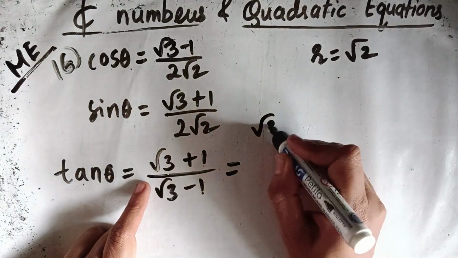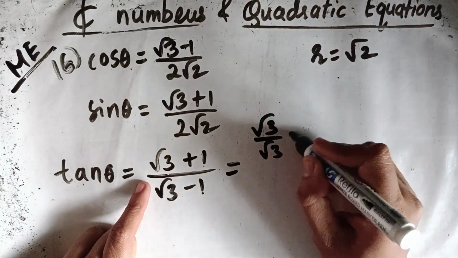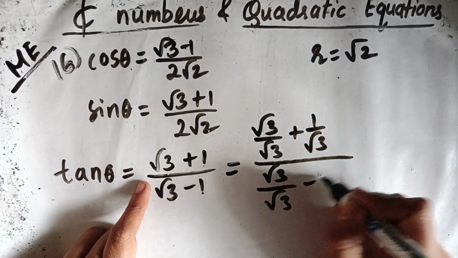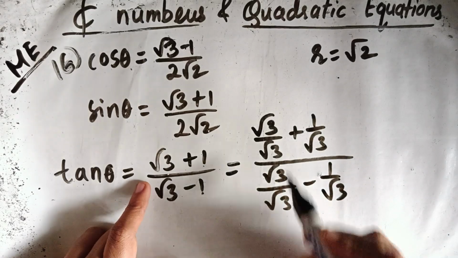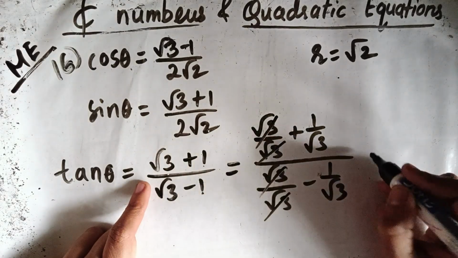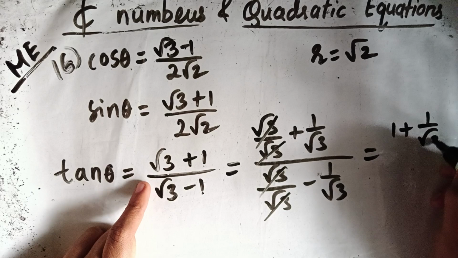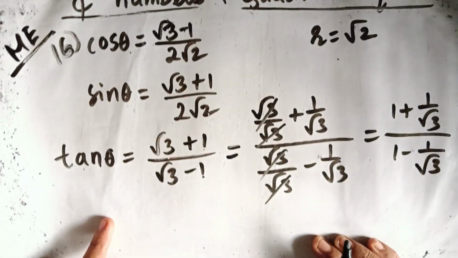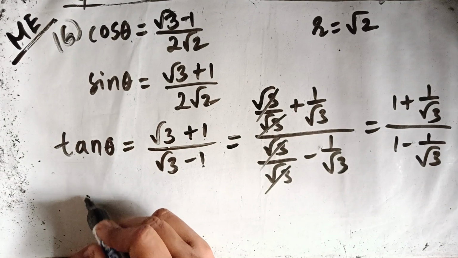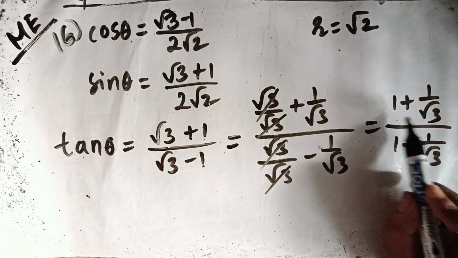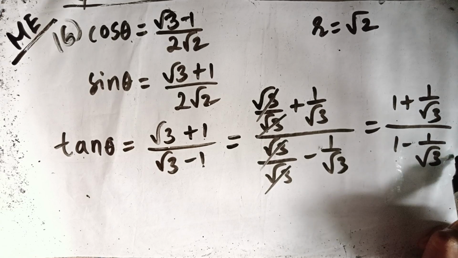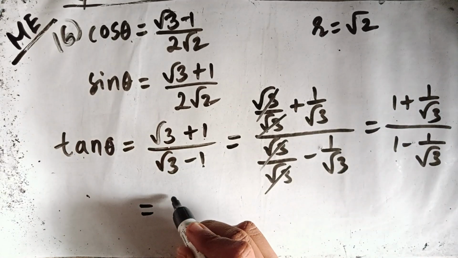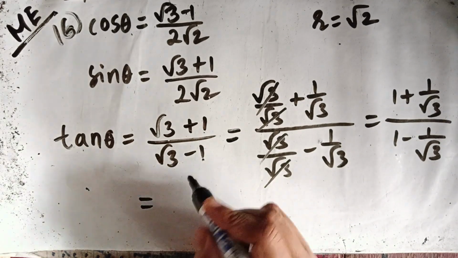So divide both numerator and denominator by root 3. This will be 1 plus 1 upon root 3 upon 1 minus 1 upon root 3. Using tan A plus tan B upon 1 minus tan A into tan B, tan A is 1, so theta is pi by 4.